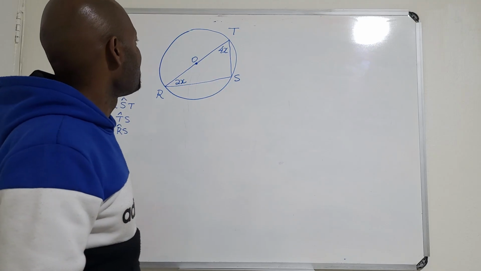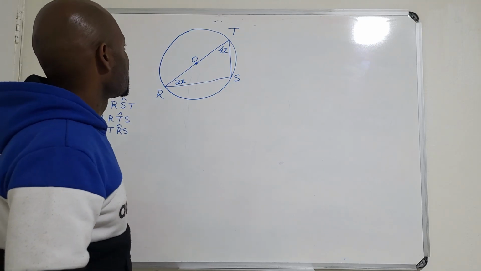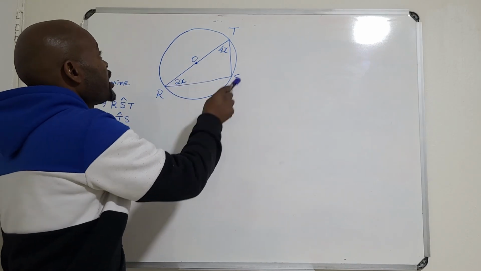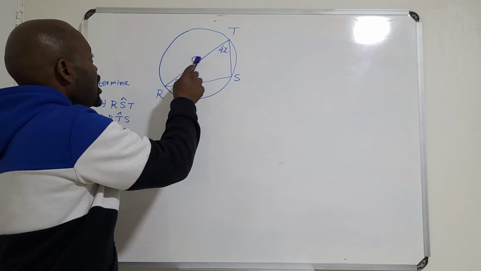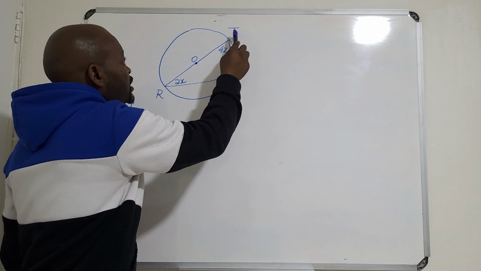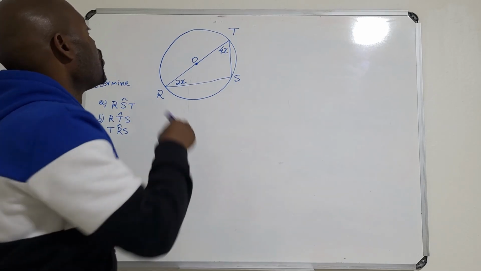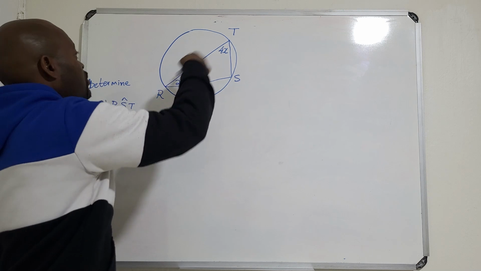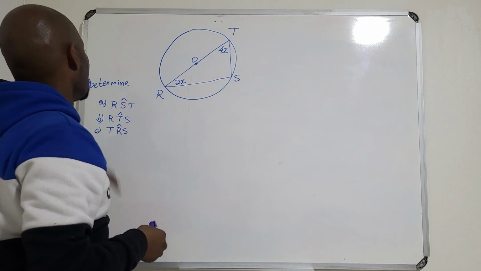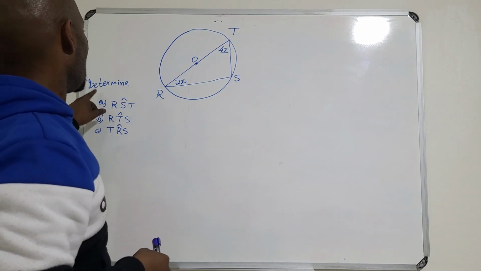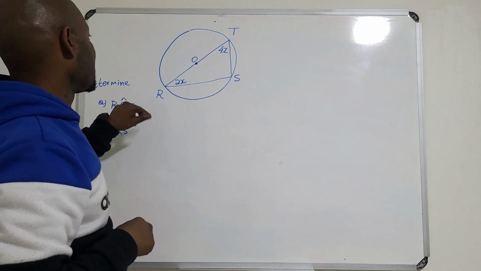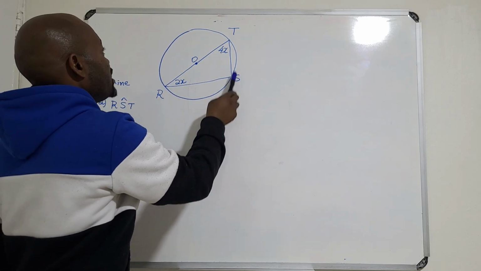The example on theorem number 3, we are told that O is the center of the circle RST with diameter RT. Now, we know that this is the diameter. We are told to determine, with reasons, angle RST.